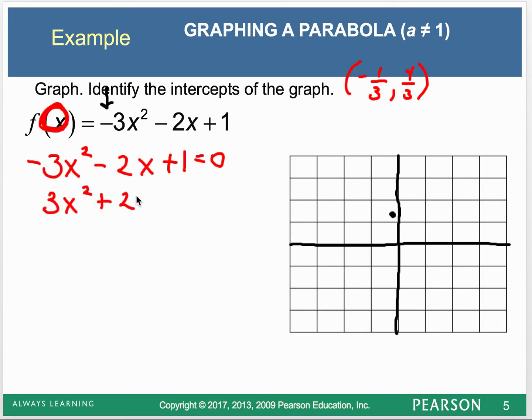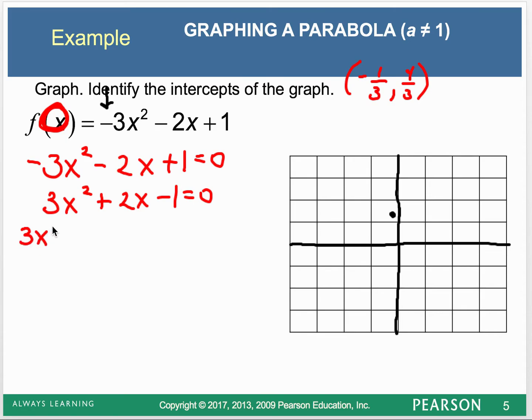Okay, so are there two numbers that I can multiply and give -3 that add to give 2? There are, but I can't just write it yet, right? Because the leading coefficient's not 1.